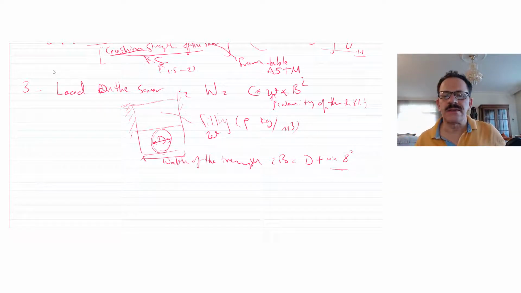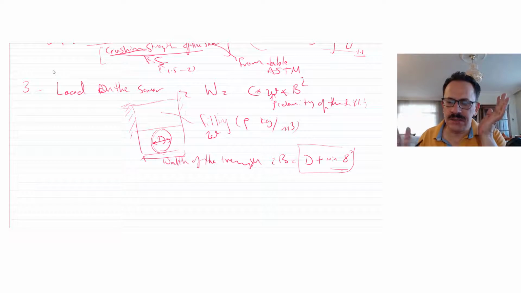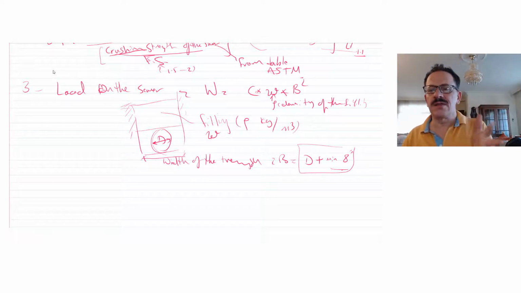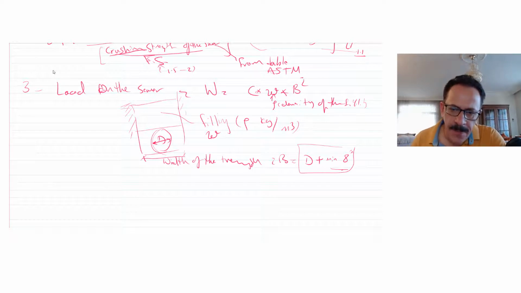There is an equation for this one, but at least it should be diameter plus something, the distance that the laborers can work in. Now the H is the depth of the filling material until the cover of the sewer.